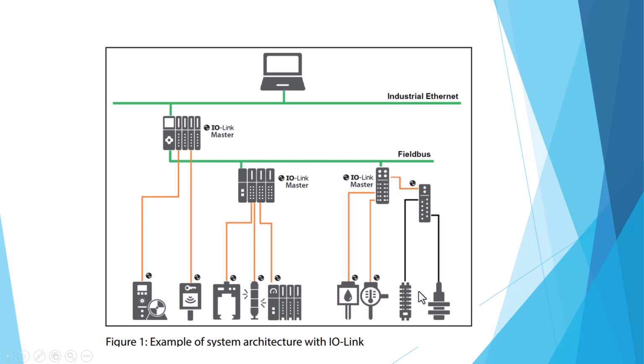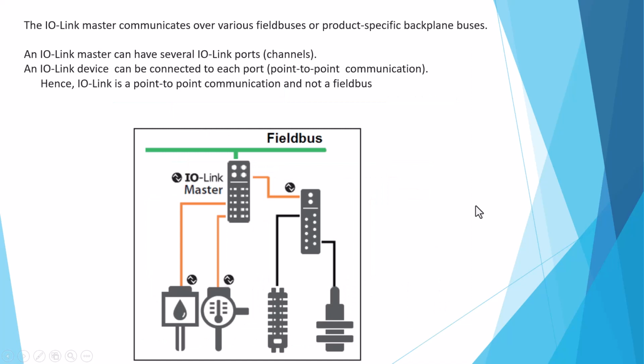Okay, so a computer uses an Ethernet connection, and the PLC, yes, uses Ethernet. The IO-Link master communicates over various fieldbuses or a product-specific backplane bus.